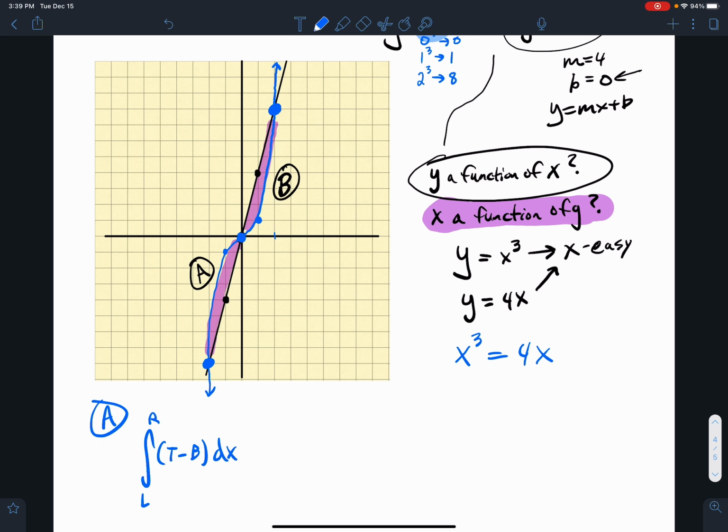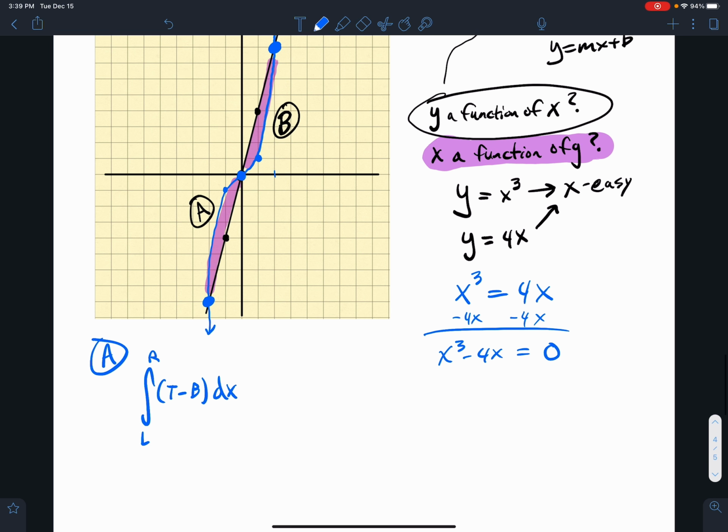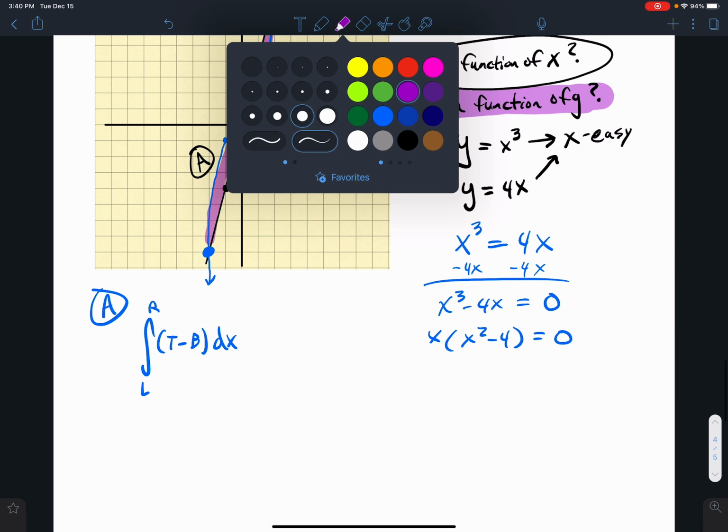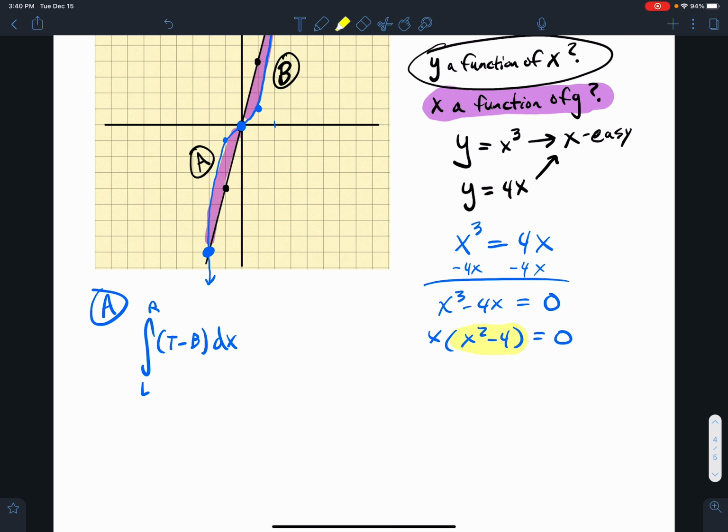So subtract 4x from both sides. I have x cubed minus 4x equals 0. Factor an x out, I have x squared minus 4 equals 0. This is a difference of squares. So I've got x times x minus 2, x plus 2 equal to 0.